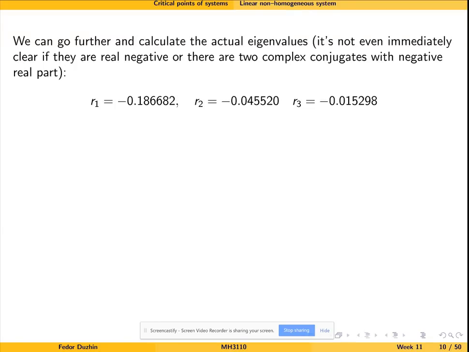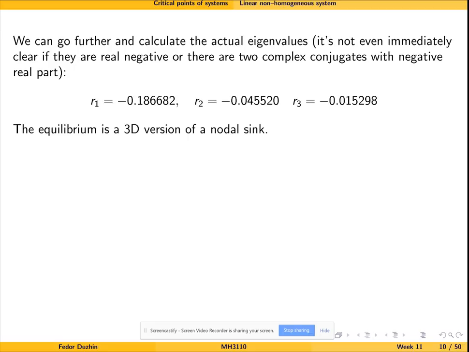All right, now let me finish the example. We can calculate the actual eigenvalues. They happen to be real numbers, and negative real numbers. Which means that the equilibrium position is going to be a three-dimensional nodal sink.